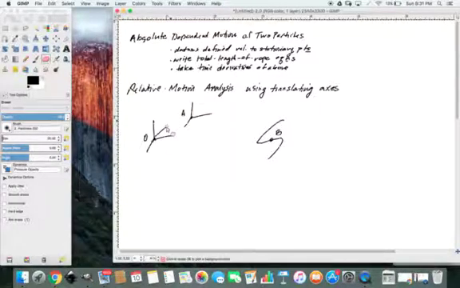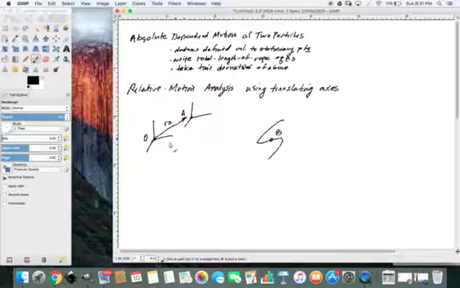So that would be a vector going from O to A. So here's that vector here. Let's call that one R sub A. A vector going from O to B, R sub B.